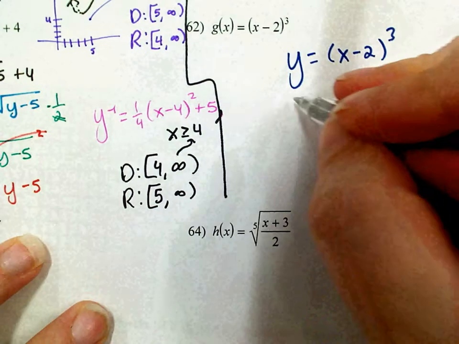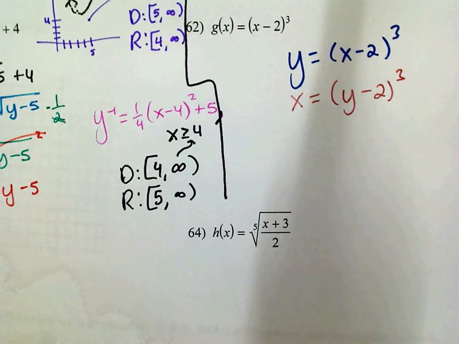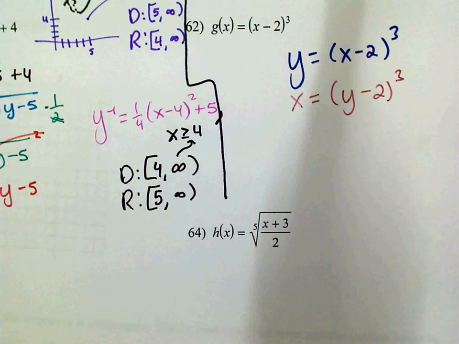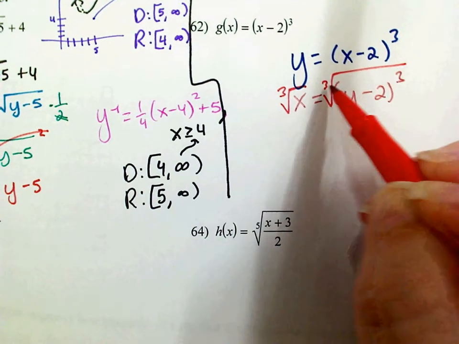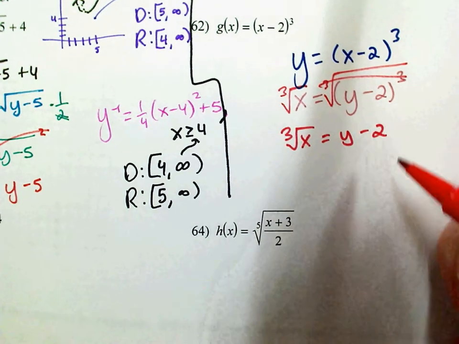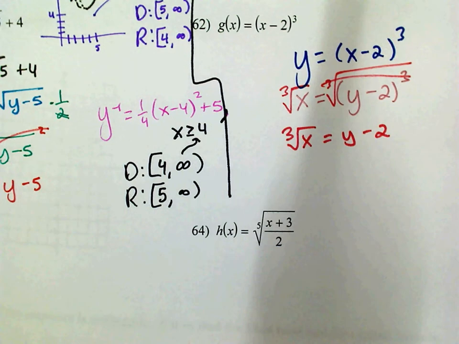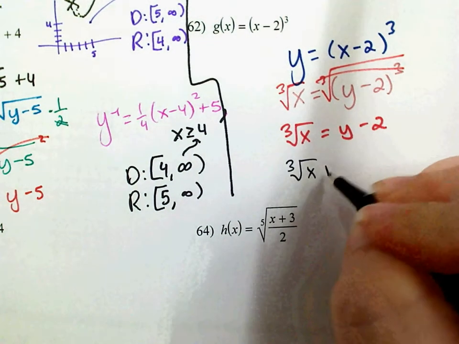So how do you undo the power of 3? Cube root. Good. So I take the cube root of this and the cube root of that. Those cancel out and I'm left with the cube root of x equals y minus 2. And then the next step? Plus 2. So the cube root of x, plus 2, equals y inverse, and you're done.